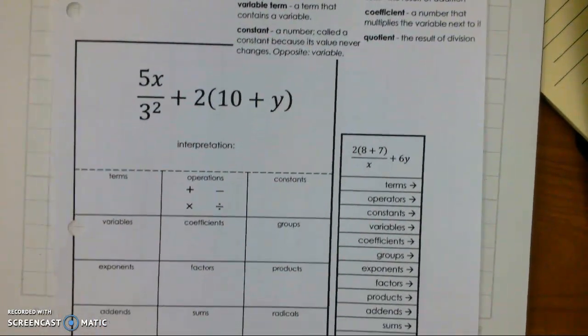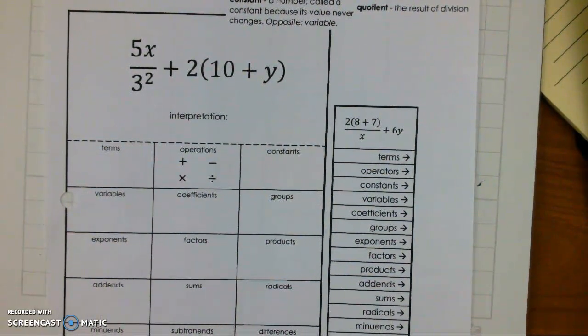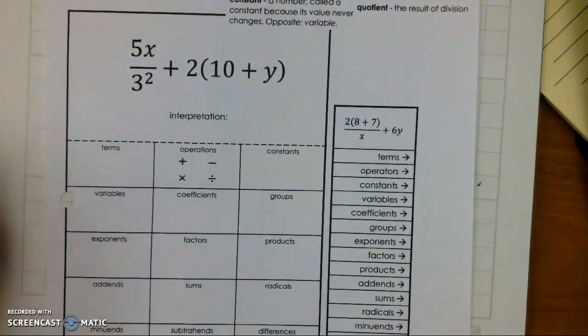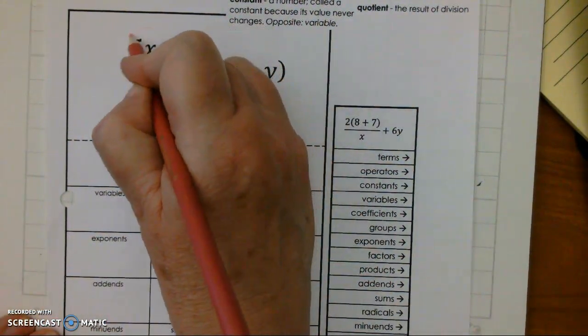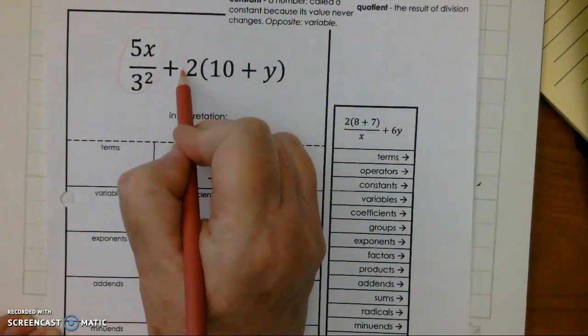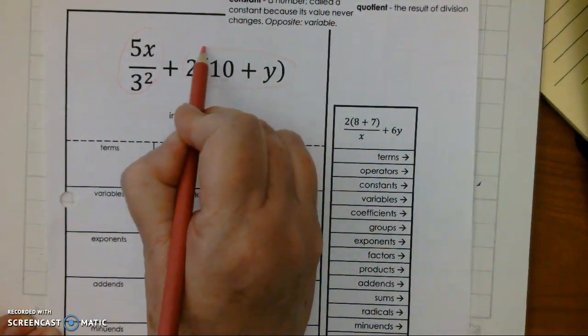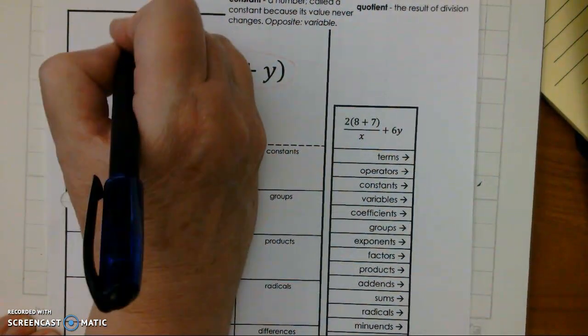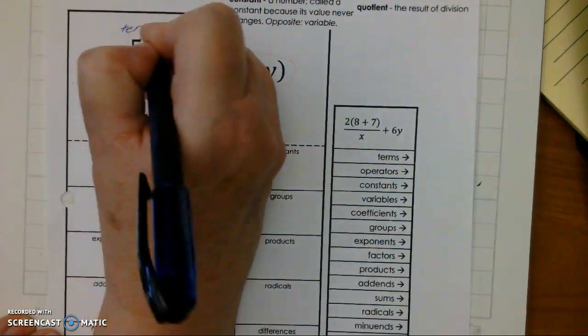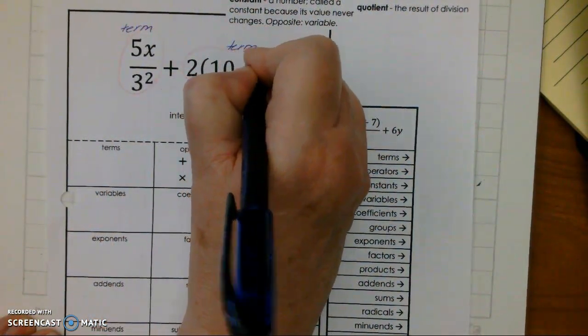Okay? So here we're going to start off, and I'm going to circle a few things because I think it helps clarify things. When you have 5x over 3 squared, and you have 2 times 10 plus y, these are both terms. That's a term, and this is a term.